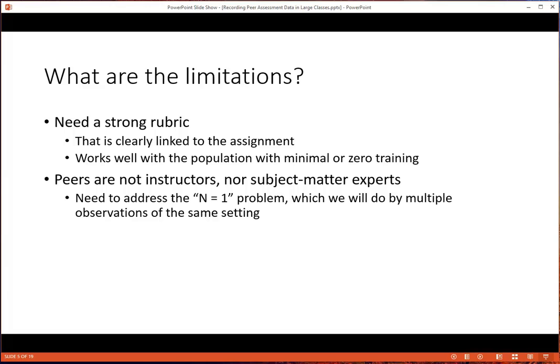Another limitation is that peers are simply not instructors nor subject matter experts. I would tell you generally as a piece of advice to avoid peer assessment situations where you have one person assessing the peer, right? So people partner up and then assess each other. Okay, as an in-class learning activity, that's great. But for something that you really want people to consider the data they're getting from their peers, one person is not going to be very helpful because you're going to have a lot of situations where that person's opinion is simply not correct.